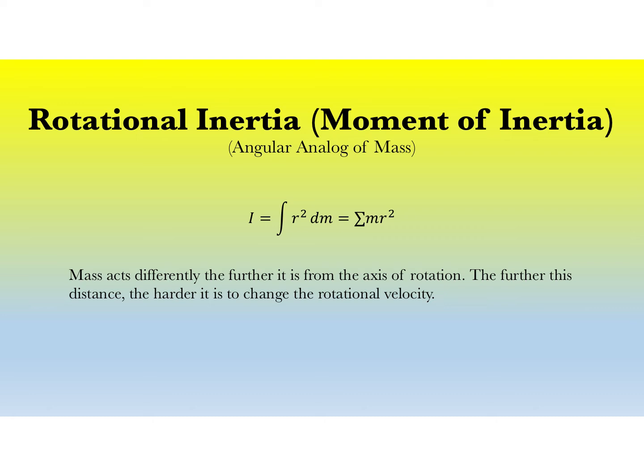Whereas if mass is really close to the center, it doesn't have that same kind of massive power. So this is the formula that a lot of these calc-based questions try and take. It's not always about calculating this integral, it's more about understanding that this integral is the mass analog in these rotational systems.